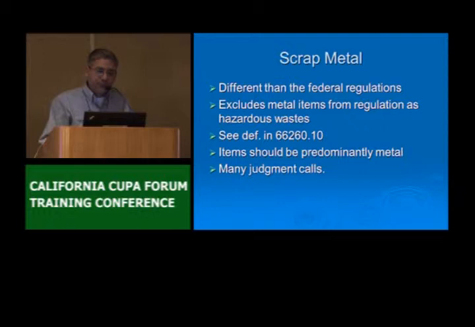Okay. It excludes certain items from regulation as hazardous waste, meaning those materials have to be hazardous waste to begin with in order to get the scrap metal exemption. Unlike the federal system where scrap metal is a category of a secondary material and a waste, which may be excluded before you even get to the hazardous step. Okay. You have to pay attention to the definition in 66260.10. The item should be made predominantly out of metal, and you have to make judgment calls when you're talking about scrap metal.